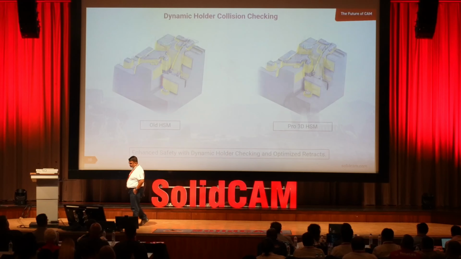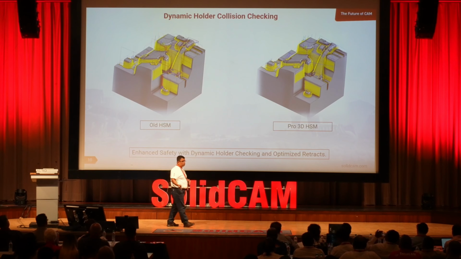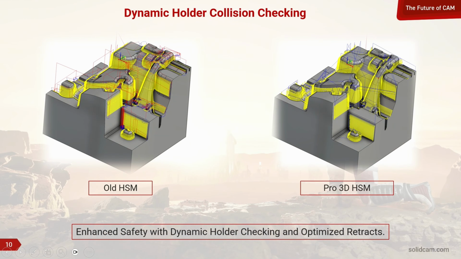So our highlights in Pro 3D HSM. First of all, this is like I even talked in my webinar, one of the unique strategies that we have, and that is the dynamic holder checking. On the left-hand side, you have the HSM dynamic holder checking. On the right-hand side, you have got the Pro 3D HSM toolpath with the holder.